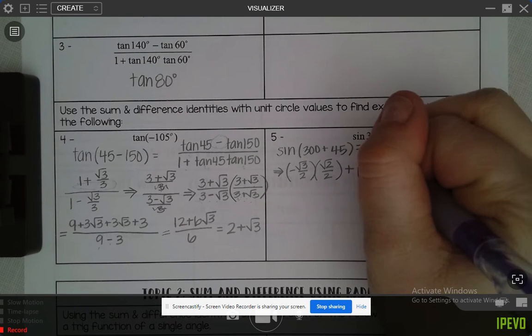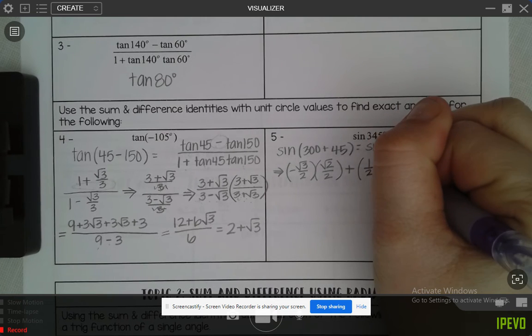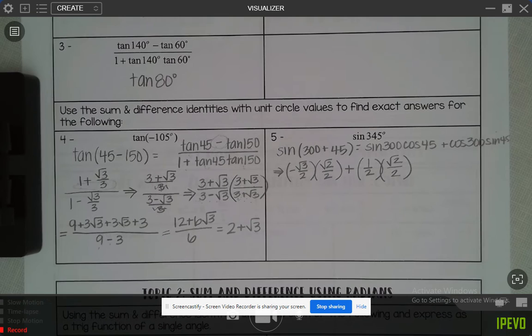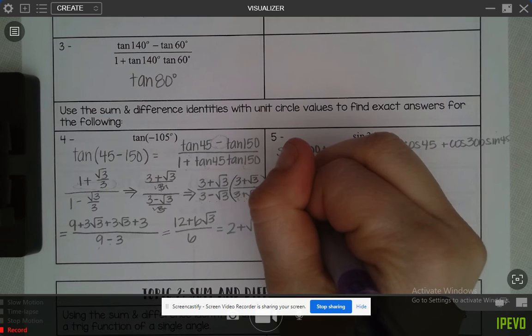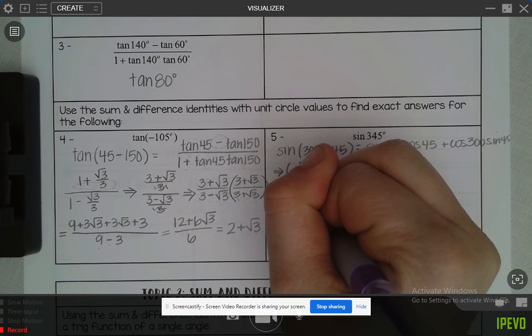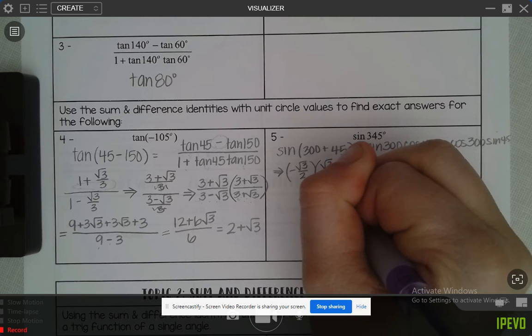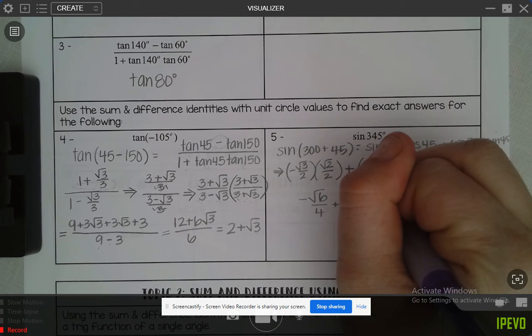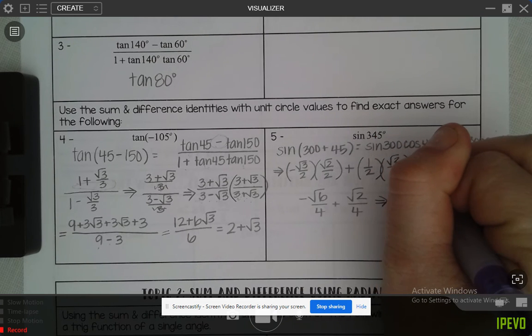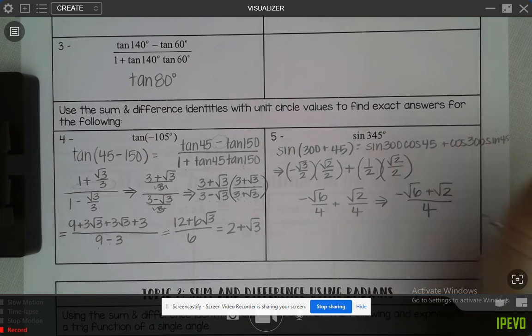Sine of 45 degrees, radical 2 over 2. I'm multiplying fractions, yes. How do I multiply fractions? Straight across, right? So negative radical 6 over 4 plus radical 2 over 4, which simplifies to negative radical 6 plus radical 2 over 4.